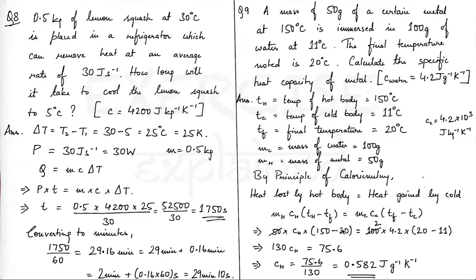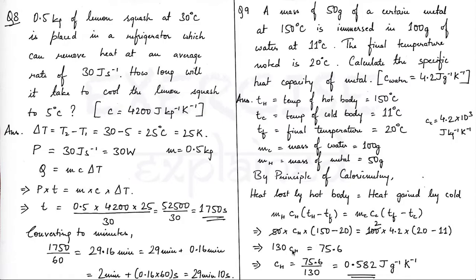So I can cancel this 50 and 100, so it becomes 2 times 4.2 into the bracket, and I multiply this here and do the calculation. So 20 minus 11 gives me 9. So 2 into 4.2 into 9 gives me 75.6, and 150 minus 20 gives me 130.